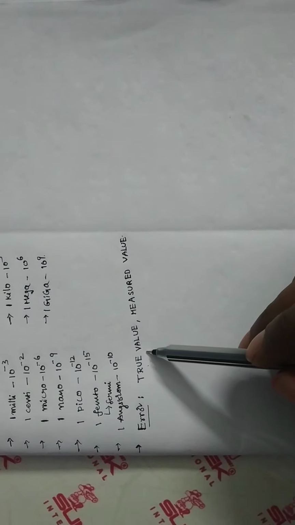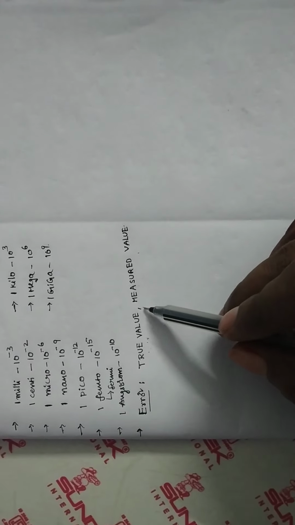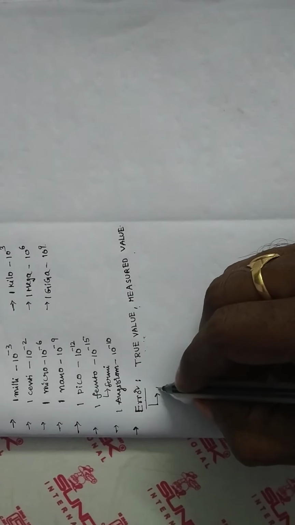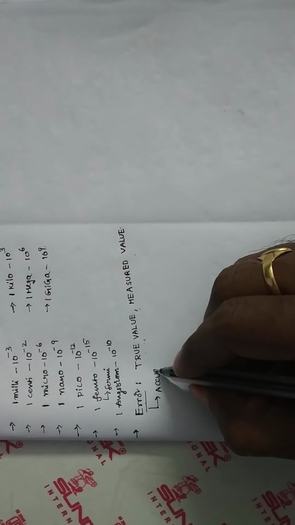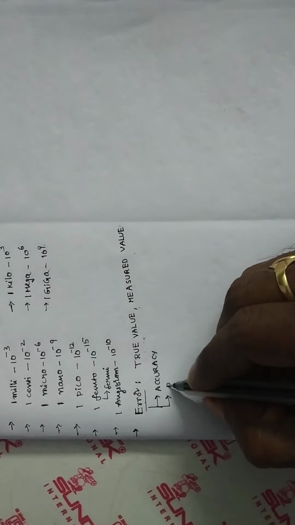Between these two, small errors are present. What is the difference between the true value and the measured value is said to be an error. Okay, based on this error, we can explain the accuracy and precision.